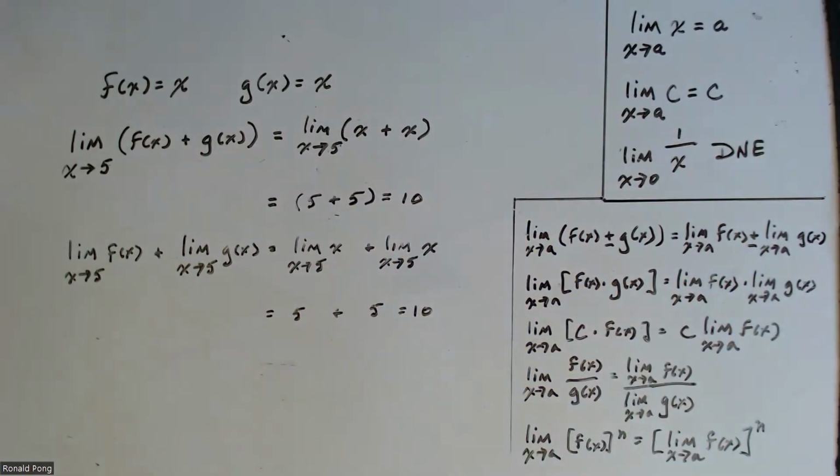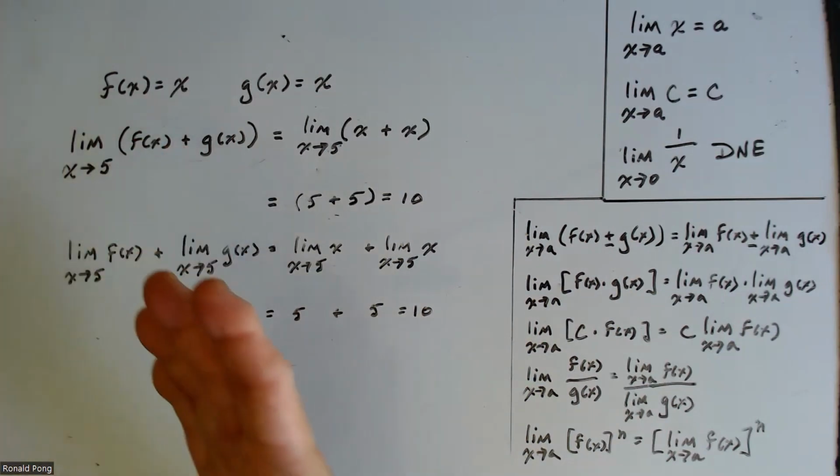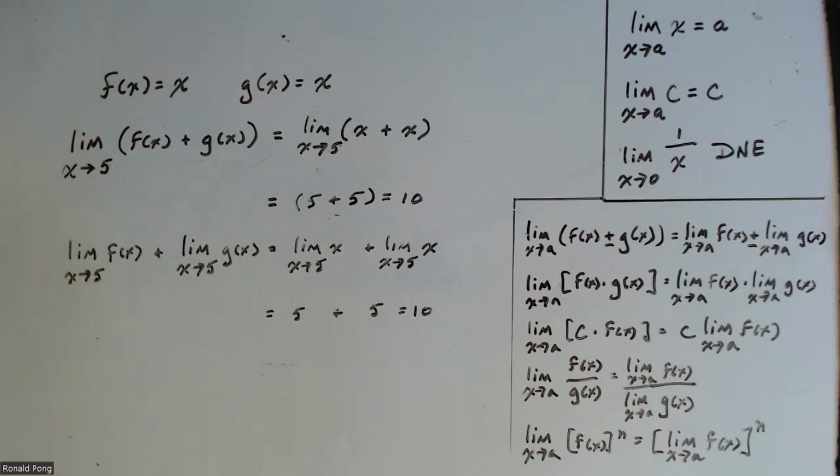I've chosen two very simple functions to start out, f of x equals x and g of x equals x. We can take the limit as x approaches 5, a positive integer, easy to work with, of the sum of f of x plus g of x.